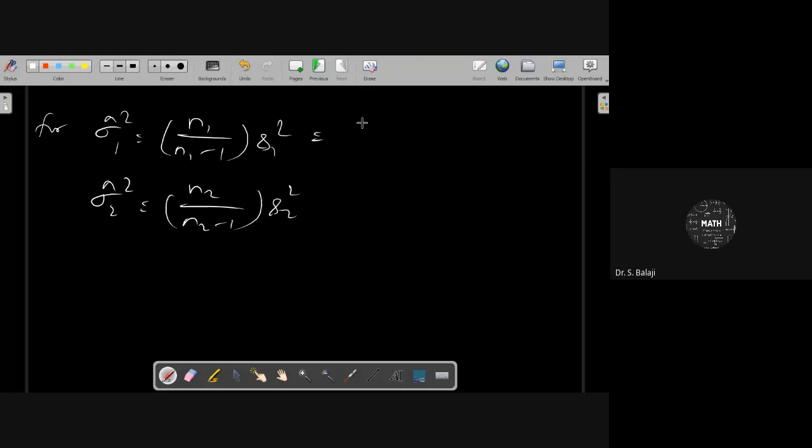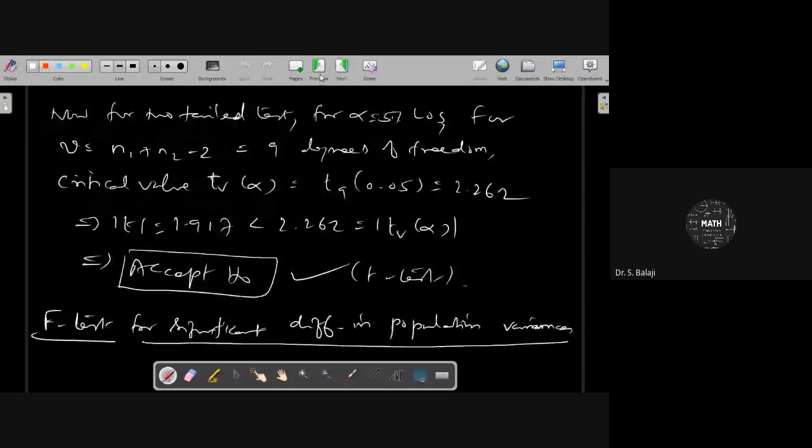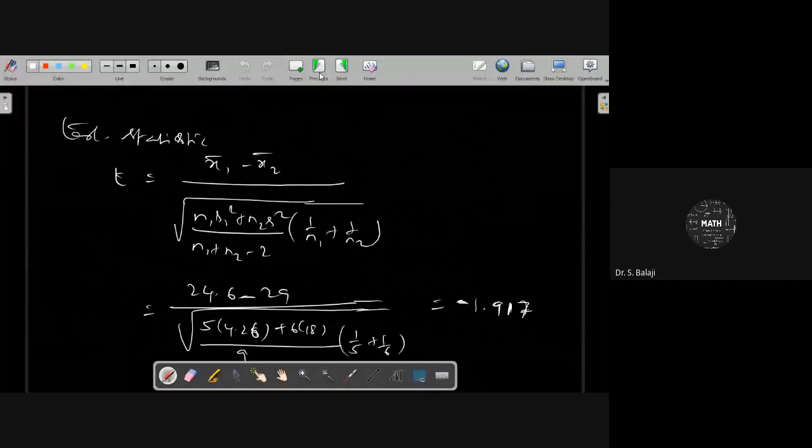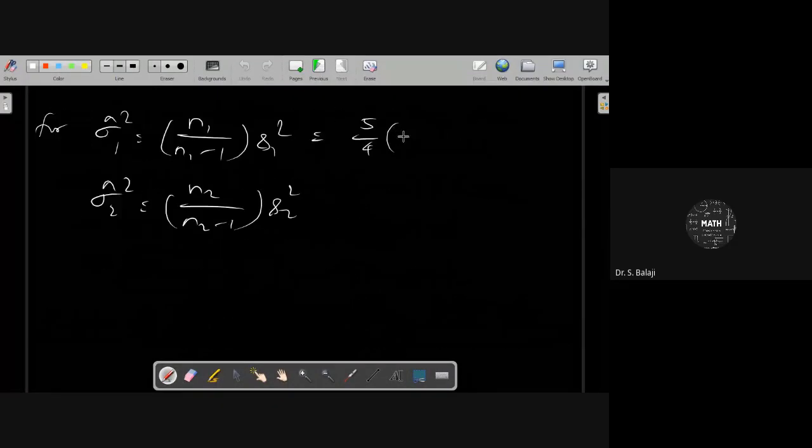n1 is 5 by 4, 4.26, 18. This is also 6 by 5, 18.